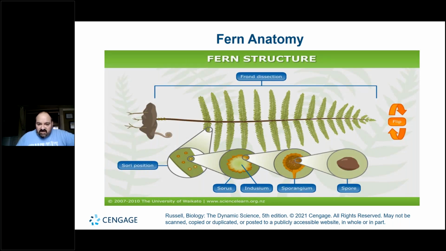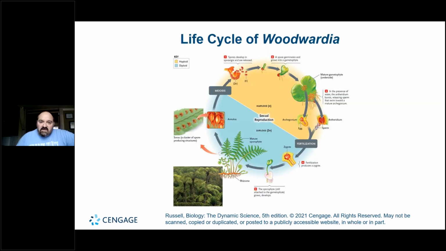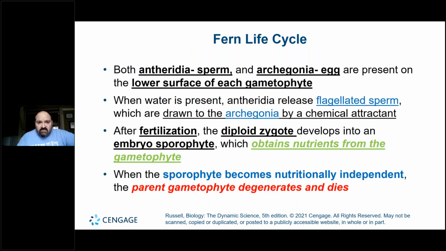And again, another image is showing you the basic structure, looking at the underside of the frond, of the leaves. Here, this was earlier on in the PowerPoint that we were looking at today, seeing the difference between the gametophyte and the sporophyte in the alternation of generations of the fern.